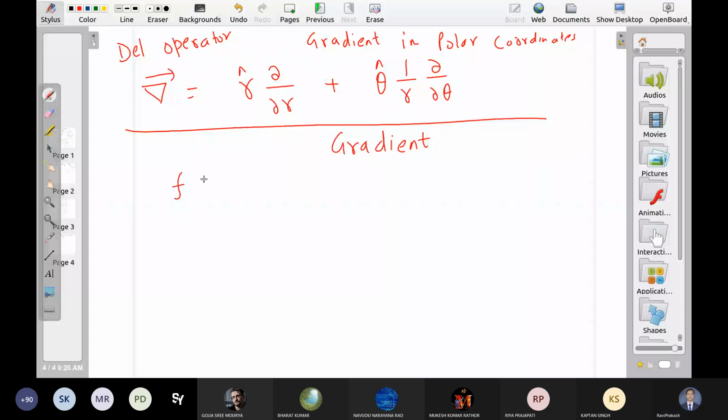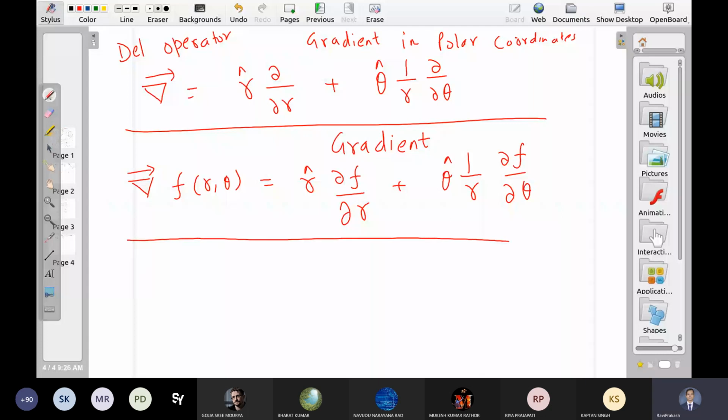What will I get? r cap del f over del r plus theta cap 1 by r del f over del theta, right? It is quite easy, no hard work here.